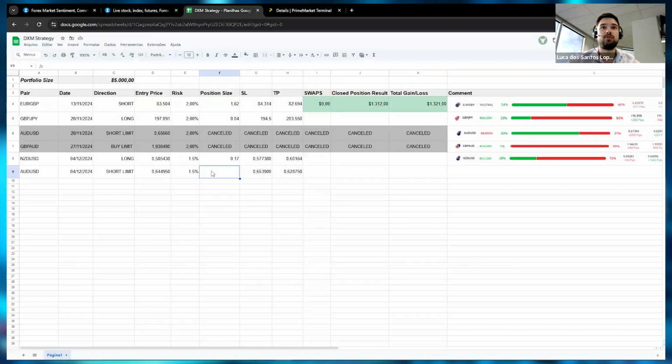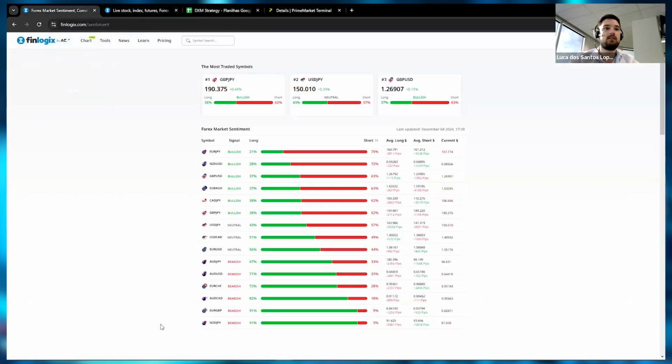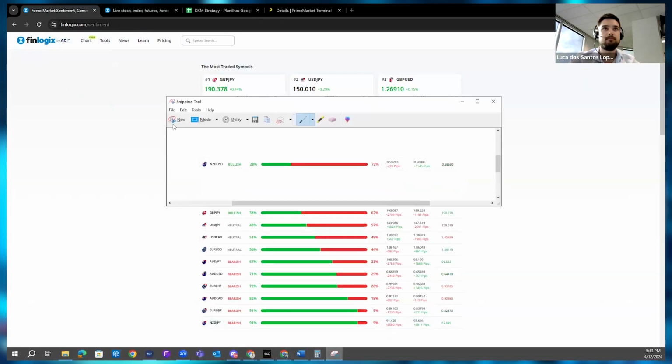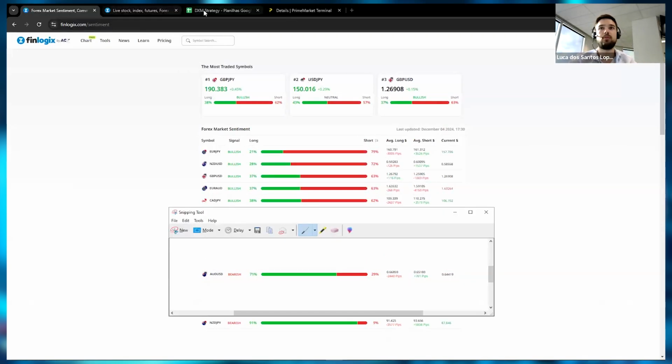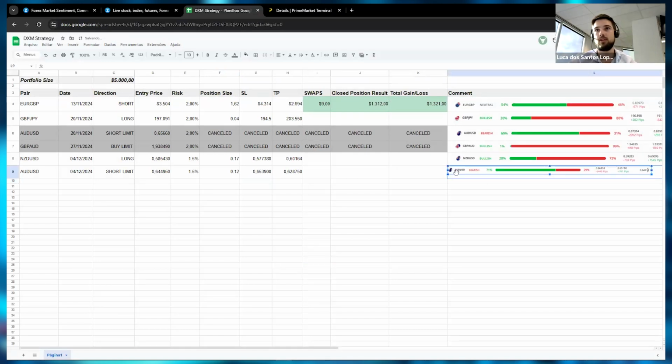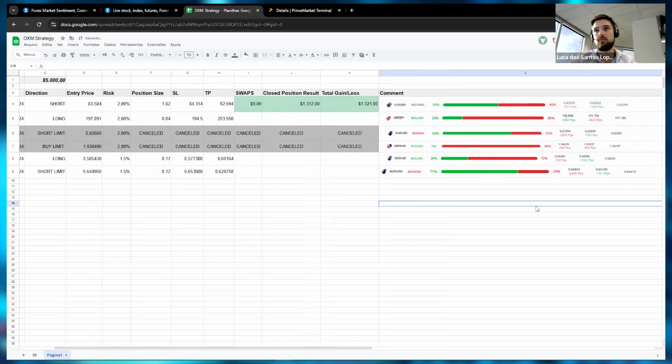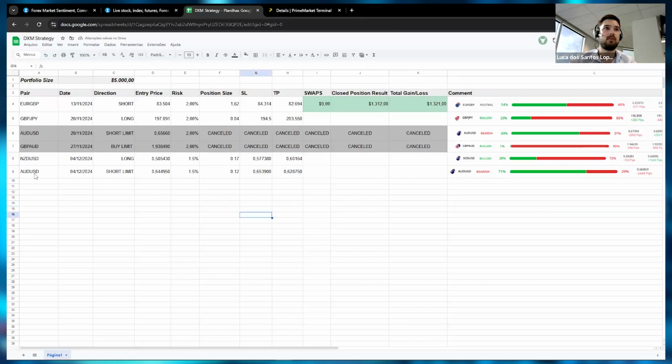Okay, that's what we should be using. 0.12. Okay, perfect. Let's take a screenshot of this one. USD. Perfect. Right here. Perfect. All right, we've got 2 trades for today already. That's pretty good.